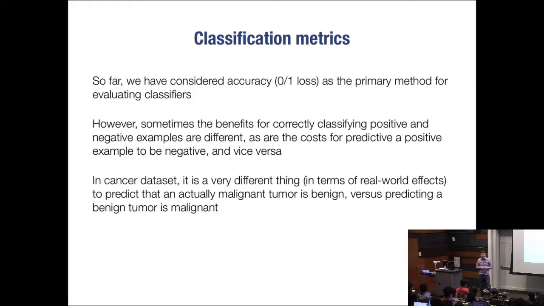They're both just a mistake. But there are very different costs associated with them in the real world, and those mean very different things. These are called type 1 and type 2 errors, but they're very different things. And so we need to think of them differently than we do in terms of just regression predictions being off or on, and differently than we do in terms of 0-1 loss.